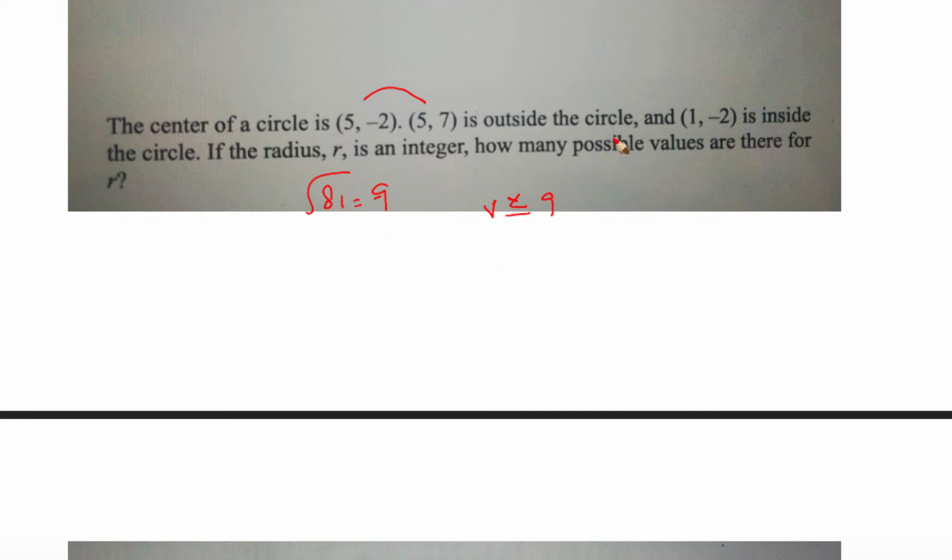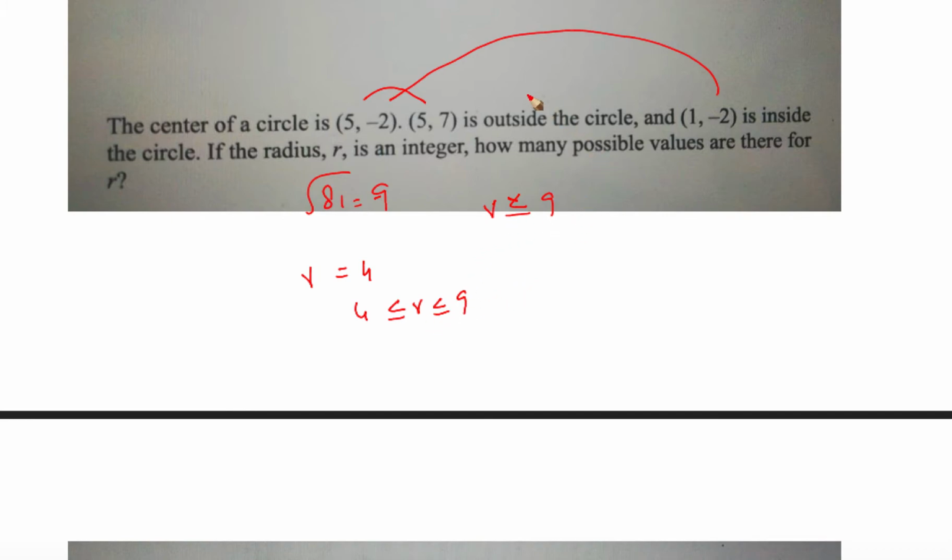Now, same way, this is the point inside, and I have to find the distance from this point to the center. Here it is 5 minus 1, 4, so the distance is 4. In that sense the radius is greater than 4 but less than or equal to 9.